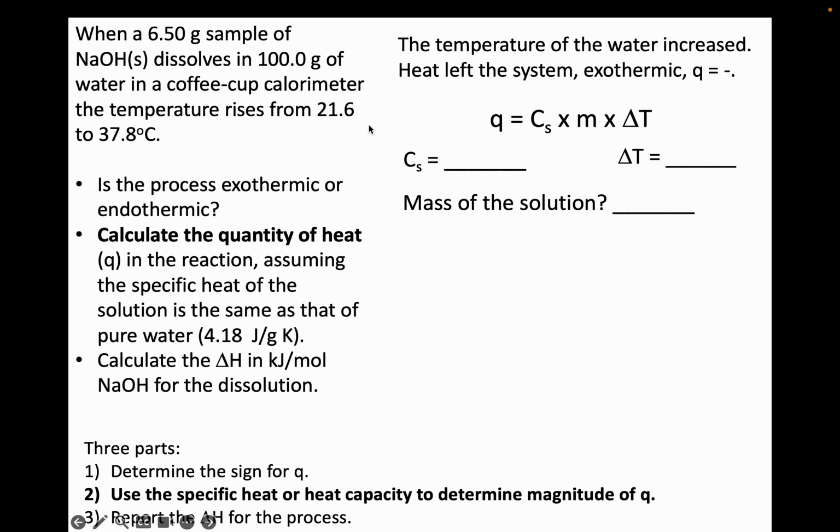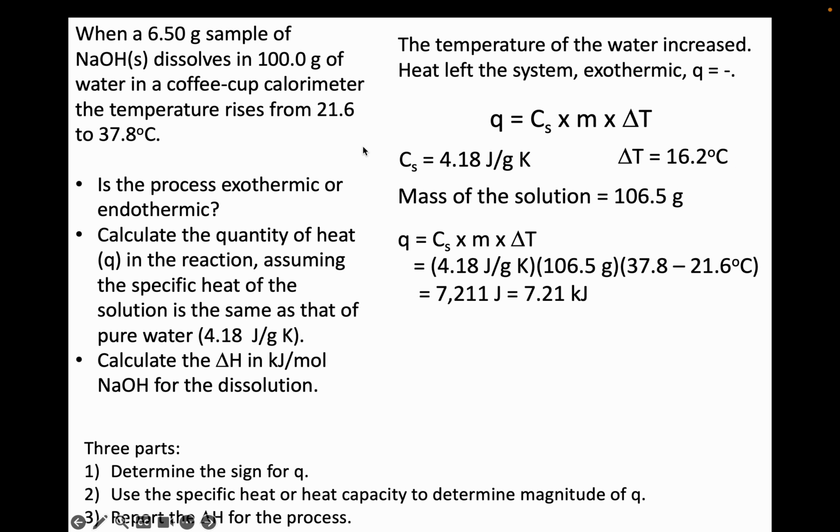To do that, we have to look through a few of the different details. It says within here, use a specific heat of 4.18. So we'll use that in the expression. We need a change in temperature. Well, we know how much it increased, so let's use a change in temperature of 16.2 degrees. What changed temperature? Well, it was that entire aqueous solution.